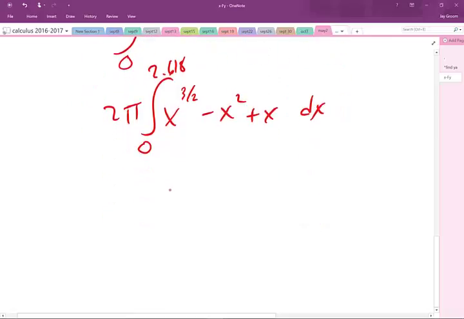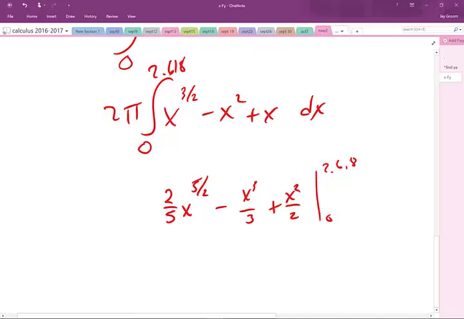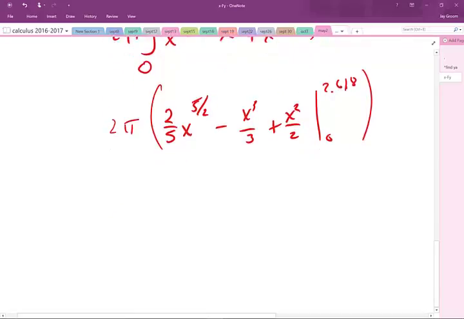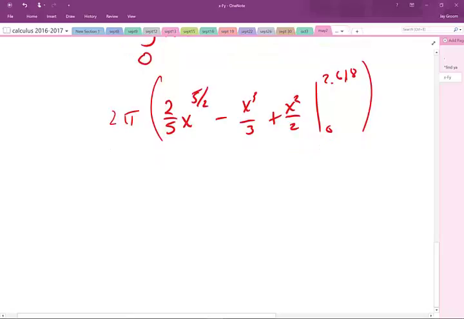And so if I take the antiderivative, I'm going to get 2/5 x to the 5 halves minus x cubed over 3 plus x squared over 2, from 0 to 2.618, times the whole thing by 2 pi. I have no idea what this comes out to be. That's a lie. It should be 12-ish.